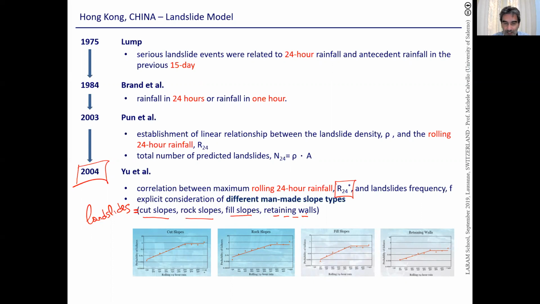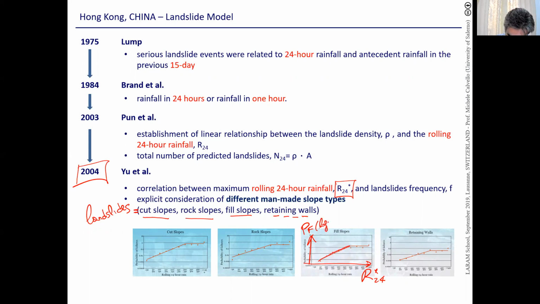So by analyzing what happened over many years to all of them in relation to the rainfall, at the end, it's the 24-hour rainfall, cumulated rainfall rolling, because you track it 15 minutes after 15 minutes. And you see that the higher it gets, this is a probability of failure with this indicator R24, the higher the probability of failure.